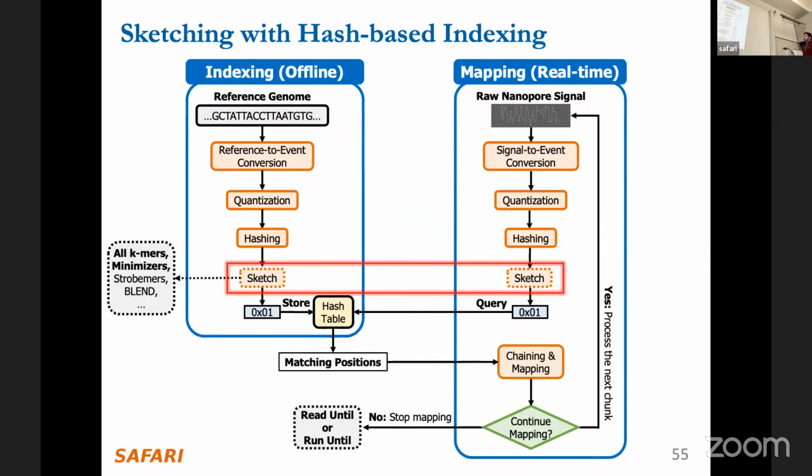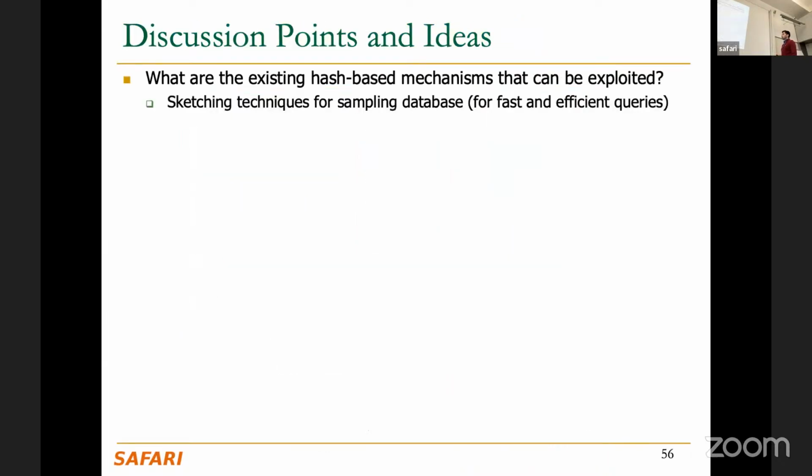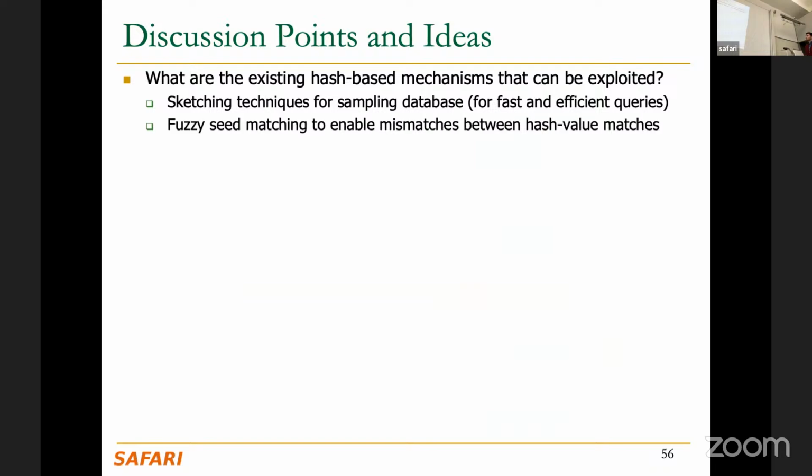As soon as you have your hash value, then you can perform your sketching or sampling, maybe for example using minimizers, droppers, and so on. And then based on that sketching output, you can store the resulting hash value to the hash table, and this means that you can further sample the hash values that you generate from raw signals and the reference. This is the sketching technique.